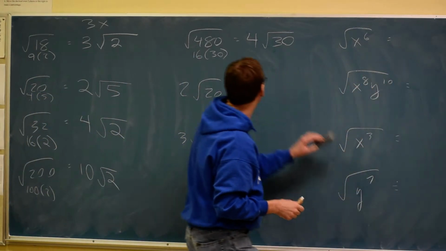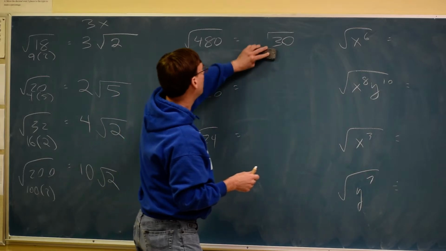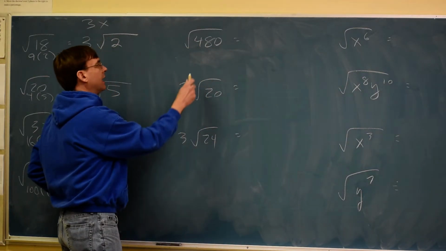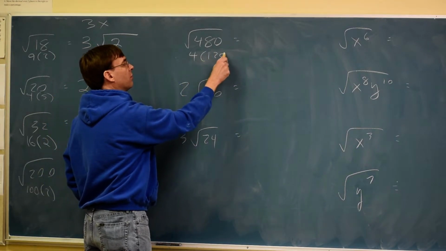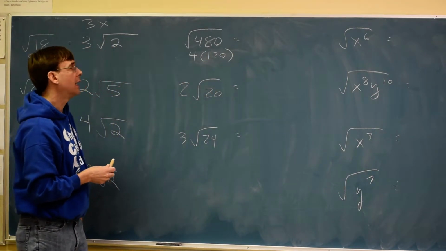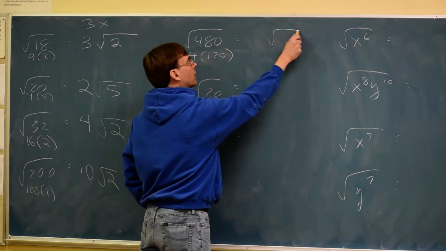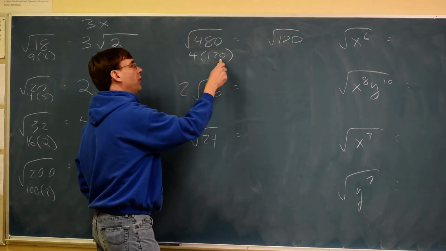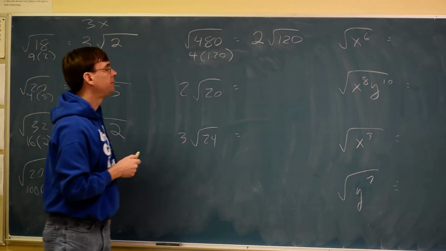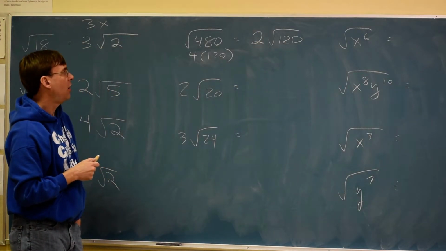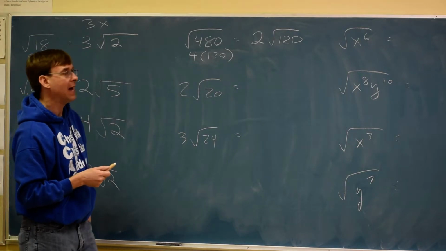But let me backtrack. If I made a worse choice in the beginning, something littler than 16, like 4. 4 goes into that 120 times. If we tried to leave under the 120 and root the 4 to make it 2, that's not bad, but that's not best.